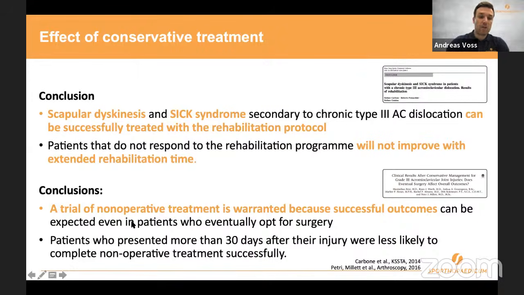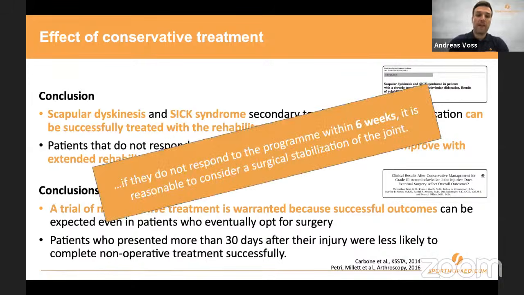A trial of non-operative treatment is warranted because a successful outcome can be expected even in patients who basically opt for surgery. Patients who presented more than 30 days after the injury were less likely to complete non-operative treatment successfully. So if they do not respond to a physical therapy program within 6 weeks, it is reasonable to consider surgical stabilization of the joint.